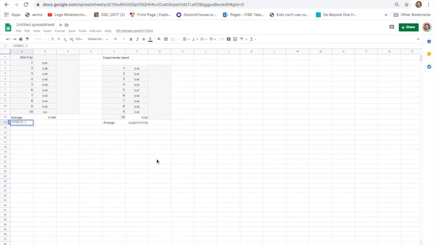Standard deviation will be from, now my whole data set is shifted down one because I entered in the title. So it's going to be from B2 to B11. And that is my standard deviation.